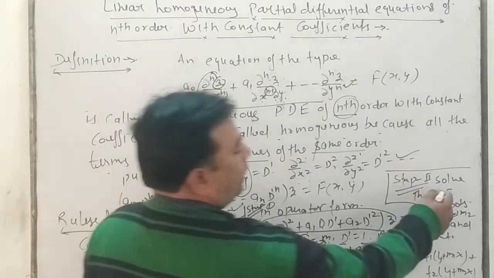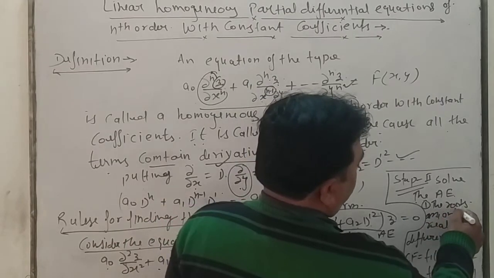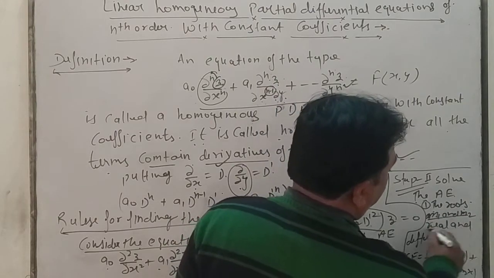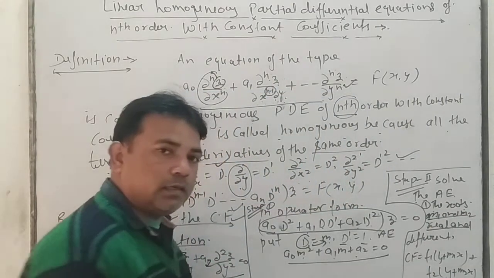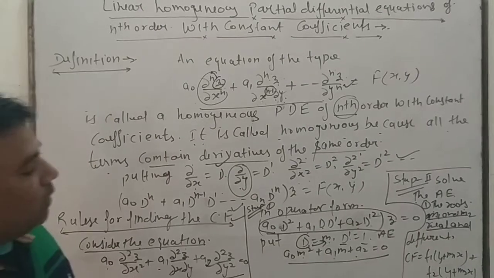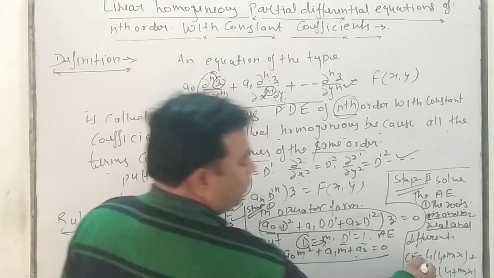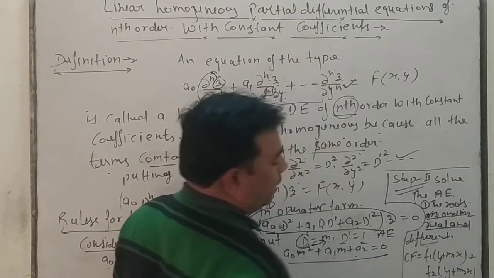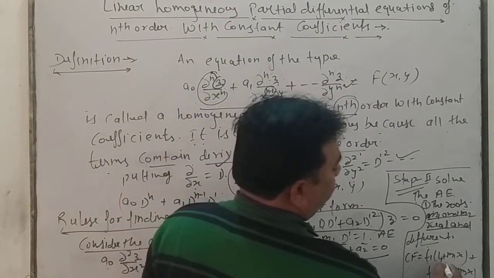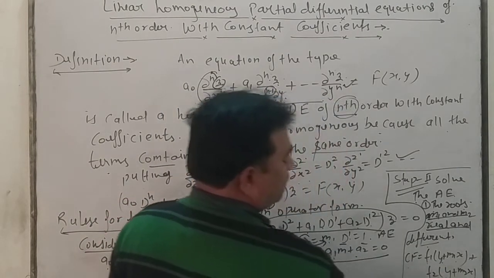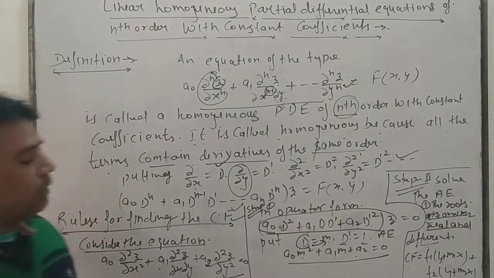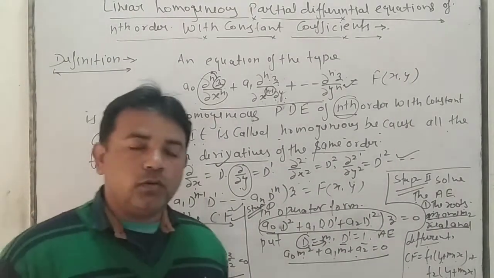Step two: if the roots m1 and m2 of the auxiliary equation are real and different, then CF equals f1(y plus m1 x) plus f2(y plus m2 x).